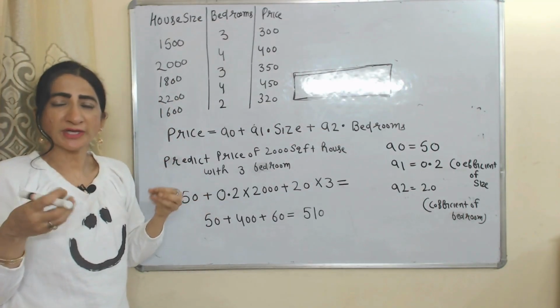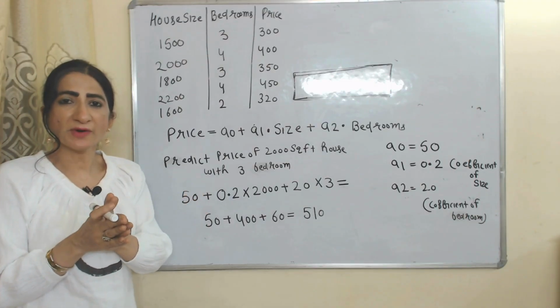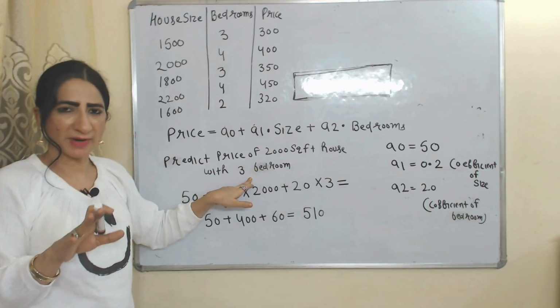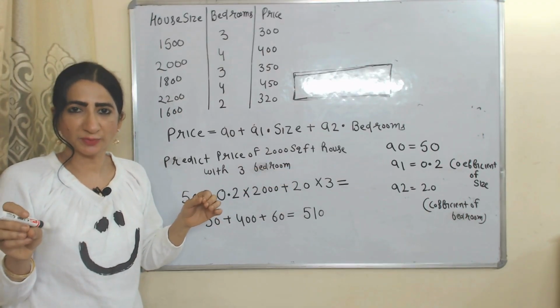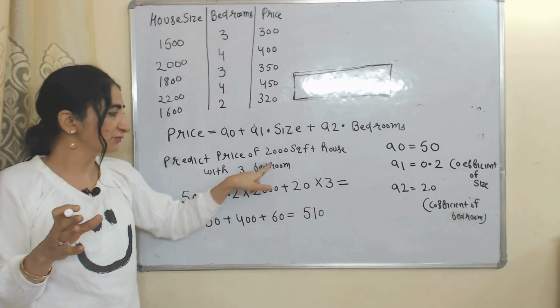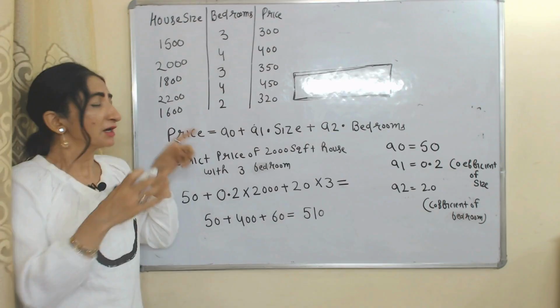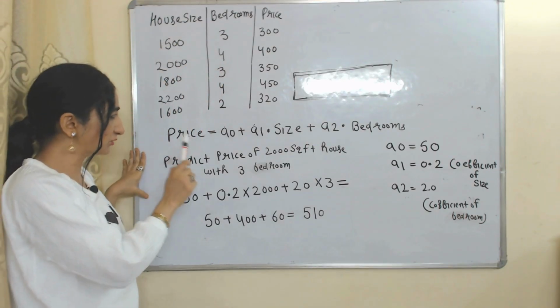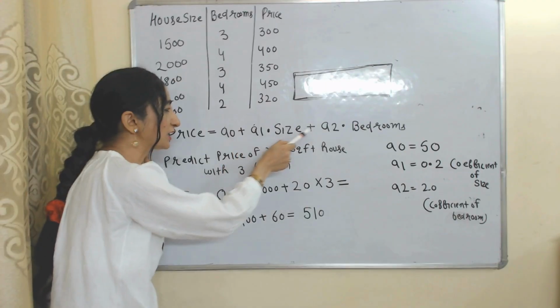Now suppose we have to predict the price of a house whose size is 2000 square feet with 3 bedrooms. The values of house size and bedrooms are given, but we have to calculate the values of A0, A1, A2.